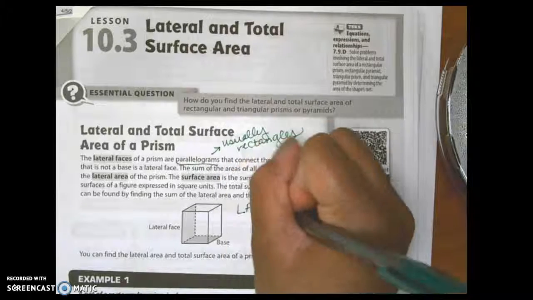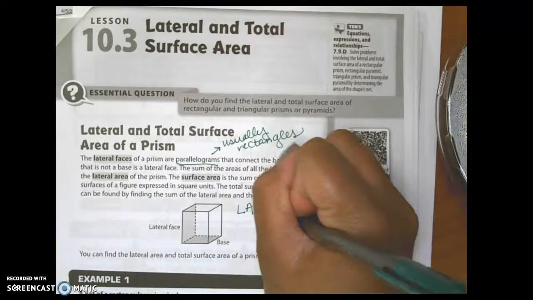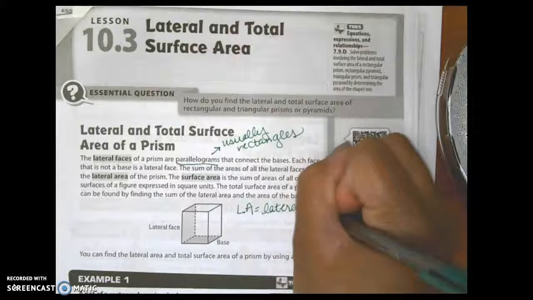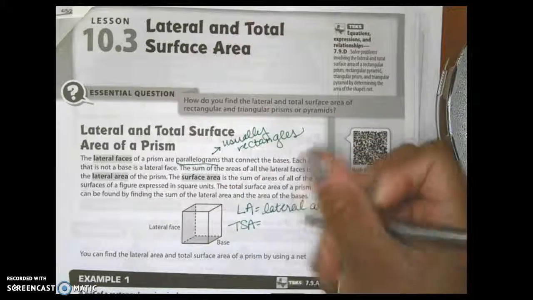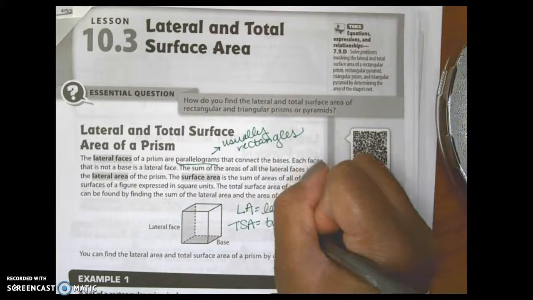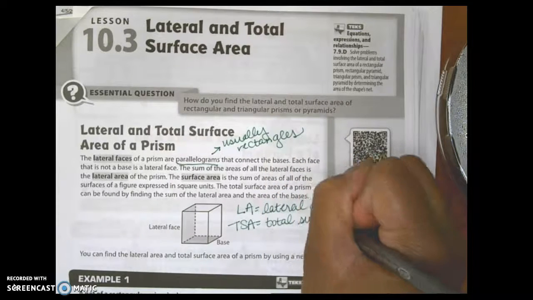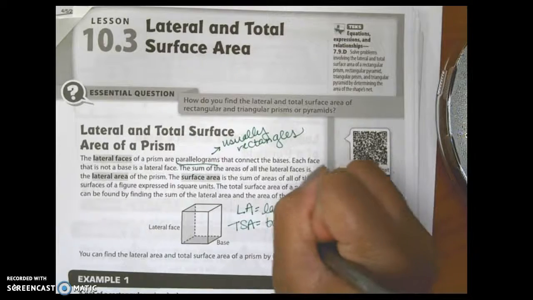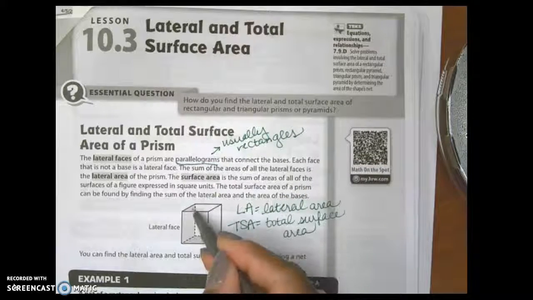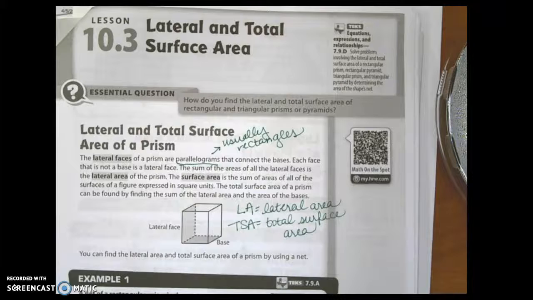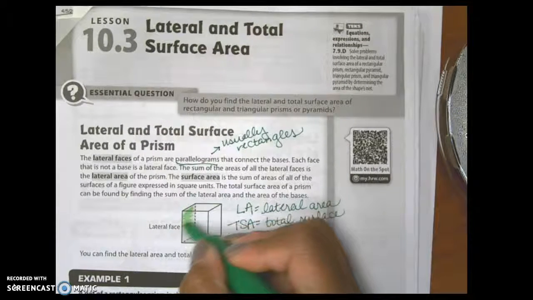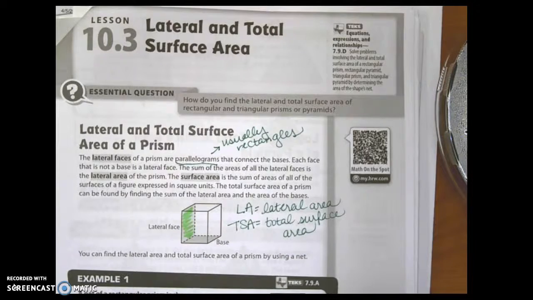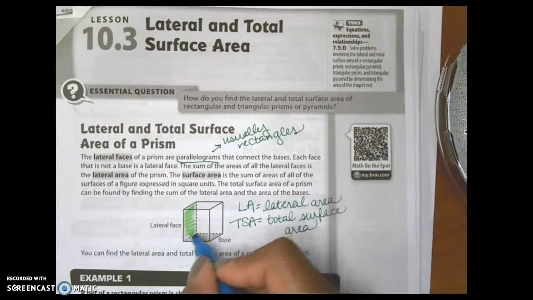So, while we're showing our work today, LA is for lateral area, and TSA is for total surface area. Okay? Your lateral faces here in your book are green, and the bases are blue.